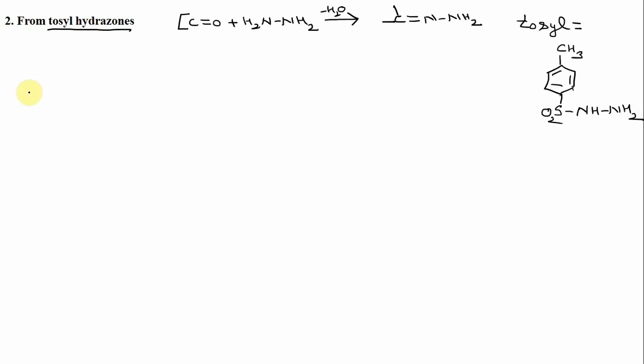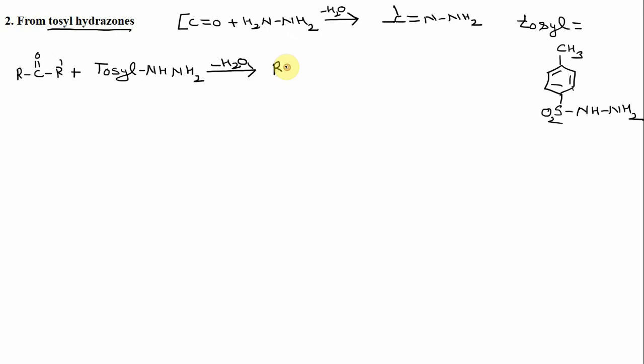So let us see the reaction. Suppose you have this carbonyl compound. Tosyl group can be written in a short form. So with tosyl hydrazine, they undergo a condensation reaction to give the corresponding tosyl hydrazone. The tosyl hydrazone is formed by the loss of a water molecule.